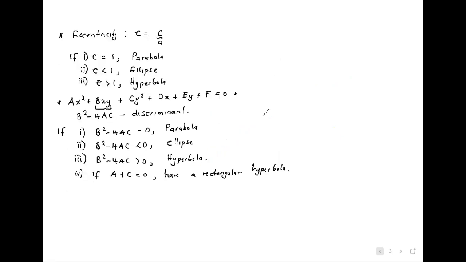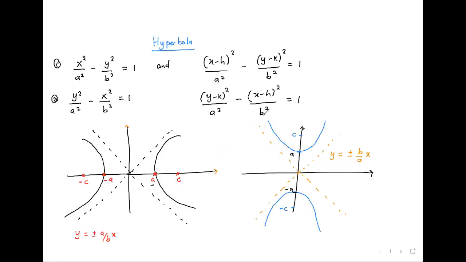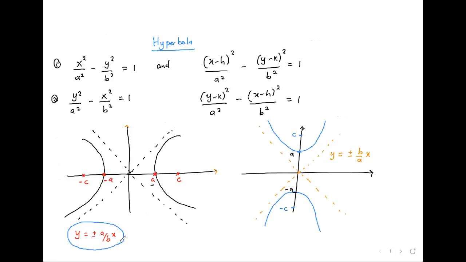And what did we say is the equation of the asymptotes for that case, centered at the origin? So y is equal to plus or minus b over a x for the first case, and the other one is a over b.